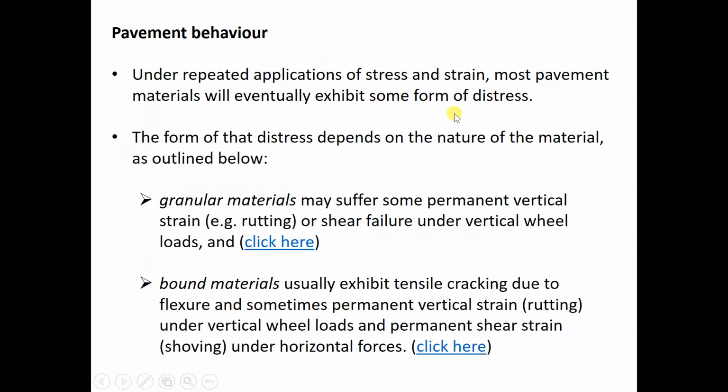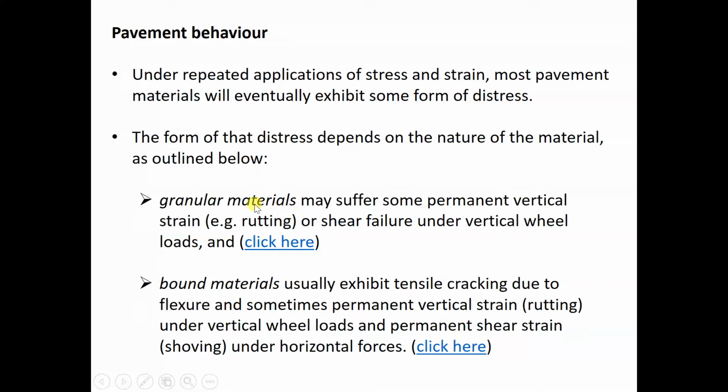Usually potholes happen quite often. The form of distress depends on the materials as outlined below.